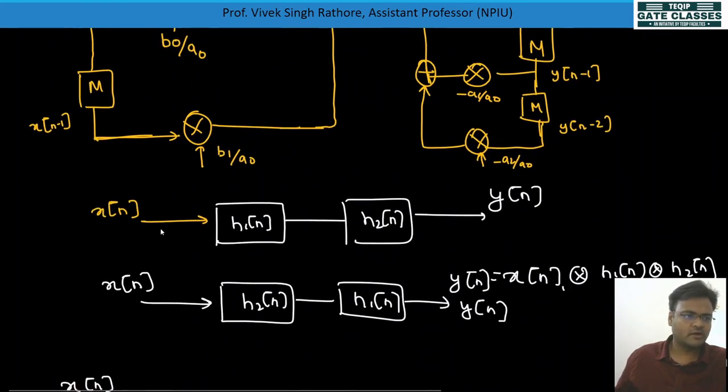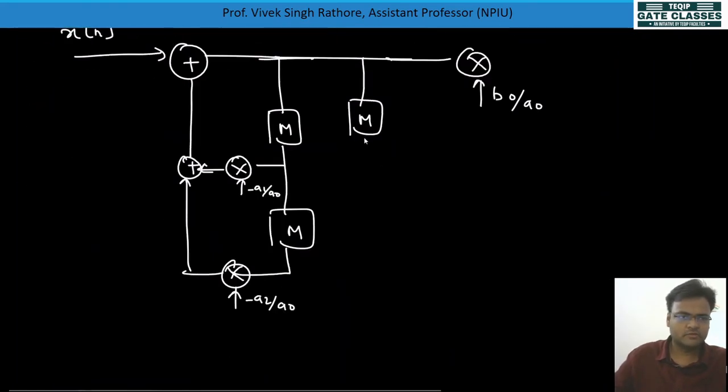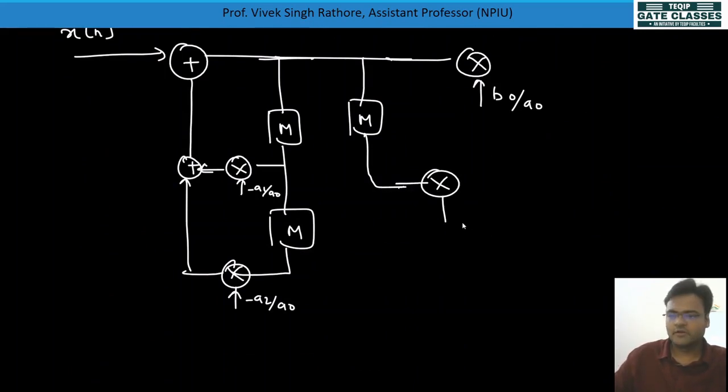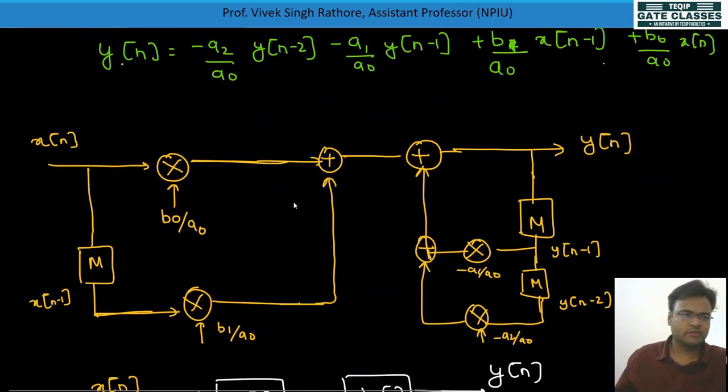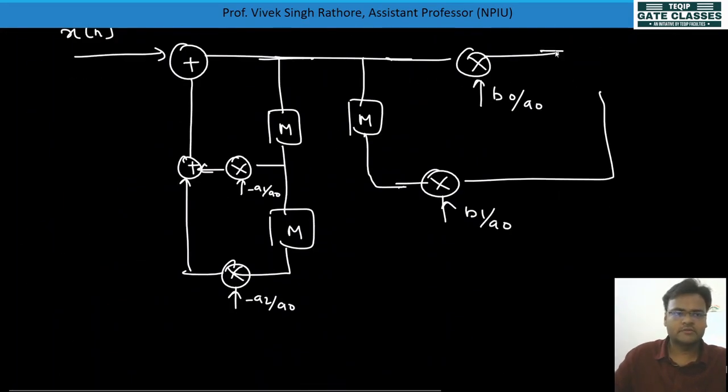Now here in the downside b1 by a naught is coming, so we'll make it here as a combination. Okay, so b1 by a naught will be there, and both are added, right? So I'll make it here as both are added, and we'll get the output y of n.